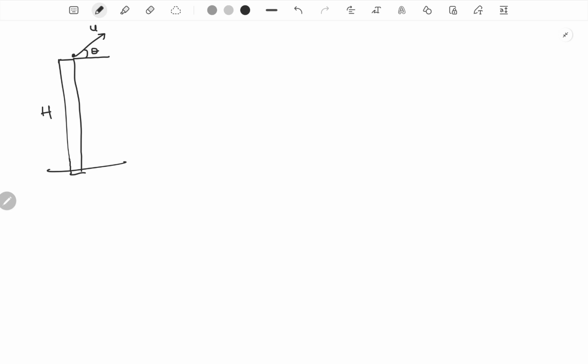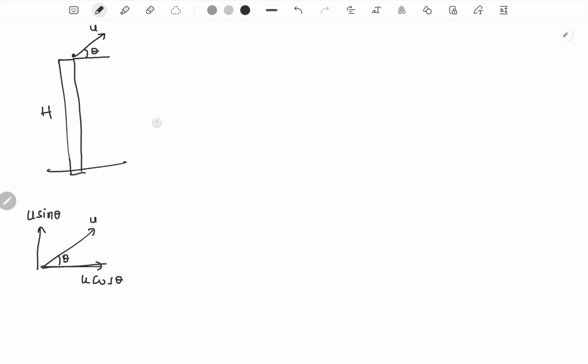Once you project it with the speed u, making an angle theta with horizontal, this is theta. The horizontal component is given by u cos theta, vertical component is given by u sin theta.